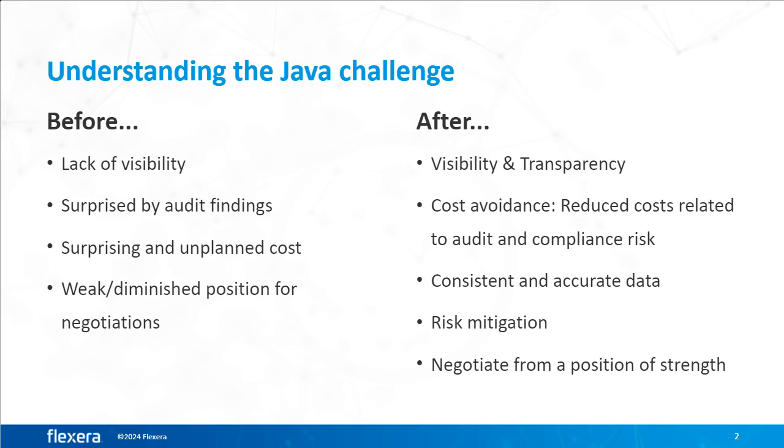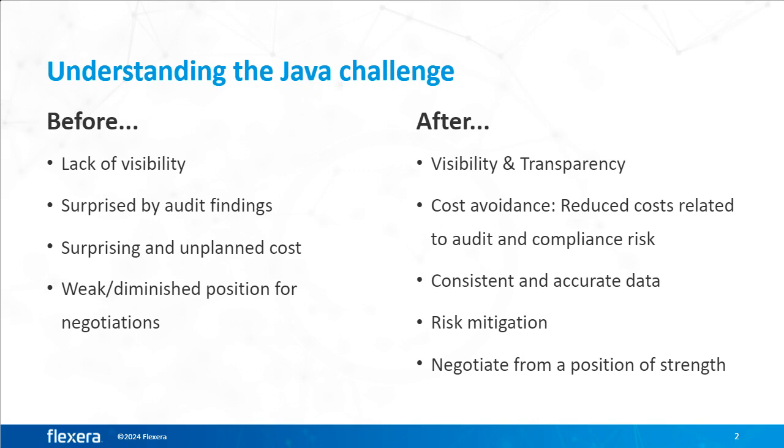But let's say from a day-to-day business view, okay, I really need visibility and transparency. This is key. It's not only for Java, but today we talk about Java. We need visibility and transparency across my complete IT estate. I need to trust the data I see, right? And for Java, we have some specialized situations.